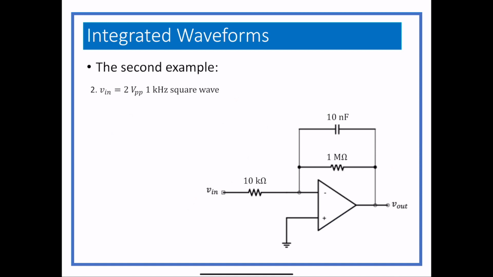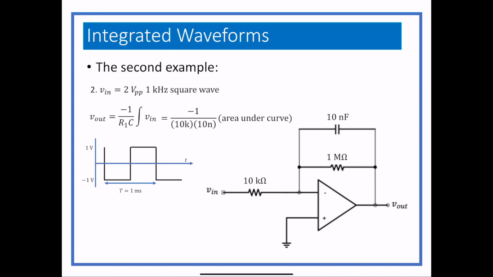So we want a 2 volt peak to peak, 1 kilohertz square wave. And in this case, we're going to do the same thing again. We just have minus 1 over R1C times the integral of Vn. And what that means is we have minus 1 over 10K times 10 nanofarads times whatever the area under that would be.